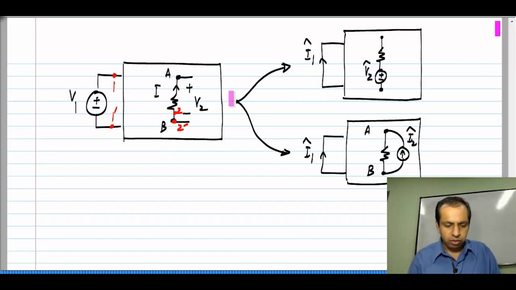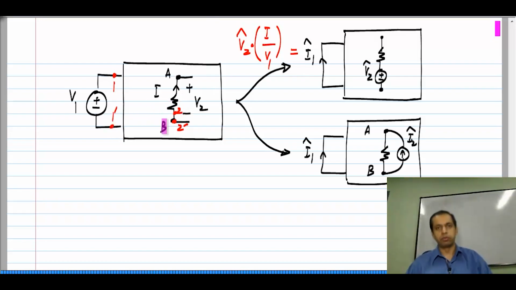Okay. So, now clearly this V2 hat is applied to the second port over there, and the first port is short circuited. So, I1 hat I can find out without doing any further calculations. It is the same as V2 hat times the ratio that I had here, which is I by V1. Okay. I by V1 would be nothing but Y21 with this as the first port and that as the second port.